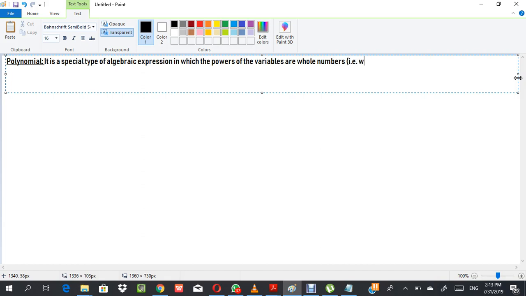That is, we cannot have negative numbers or fractions as powers.